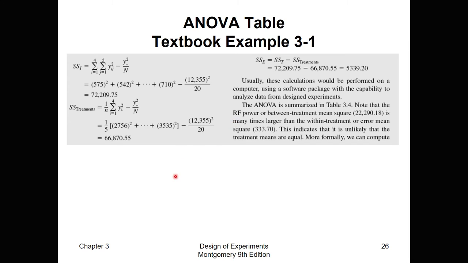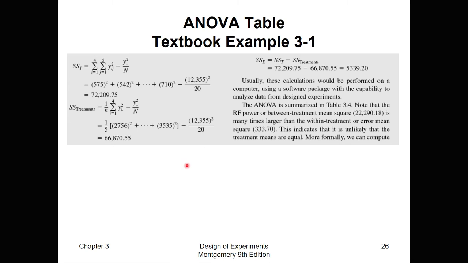So before I show the printed out ANOVA table, let's think through what the different components are going to be. I've got the treatment, the error, and the total. So that's my source. My second column has the sums of squares. The sum of squares treatment is going to be this 66,000 number. The sum of squares error is going to be this 5,000 number. And then the sum of squares total is going to be that 72,000 number. Then I've got the degrees of freedom.